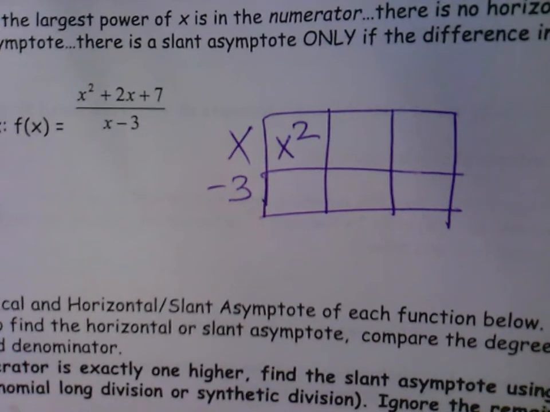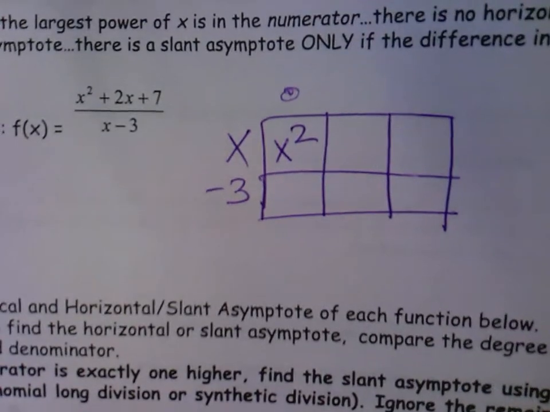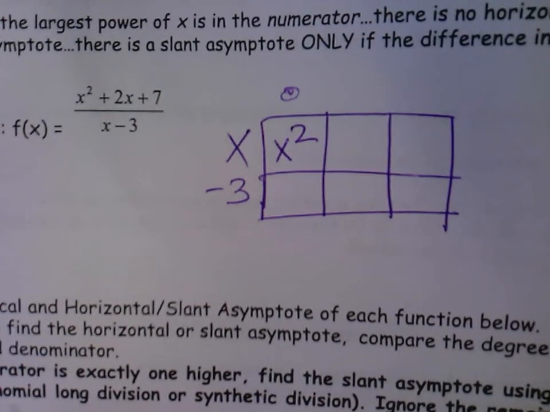Maddie, what would I do next? Help me finish this one. What do I do next? Yeah, we're not factoring, we're doing the box. So how do I figure out what goes up here? Okay, so what goes there?